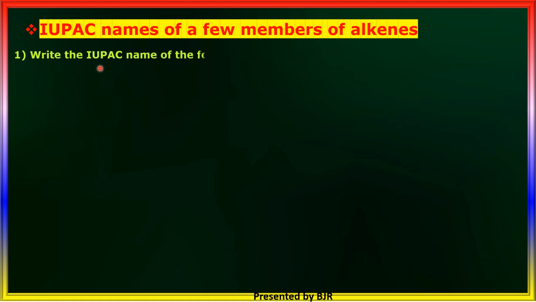Let us see some examples here. IUPAC names of a few members of alkenes. Here is the problem number 1. Write the IUPAC name of the following structure. This is the structural formula of one alkene, and we have to provide the IUPAC name for this structure.